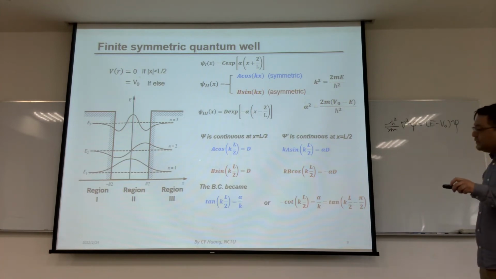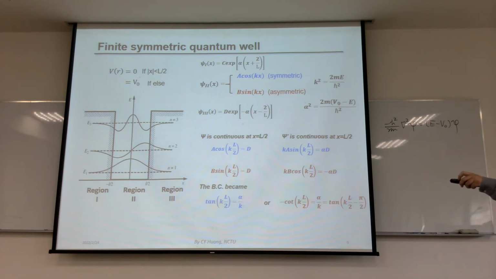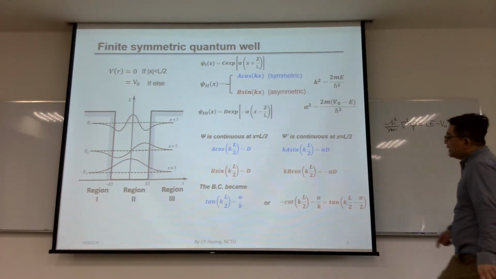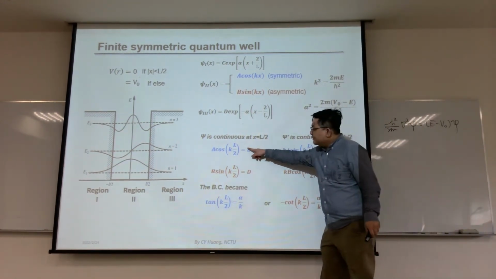Then you divide both sides. Alright, so you divide these two. So you have alpha at both sides and D at both sides.